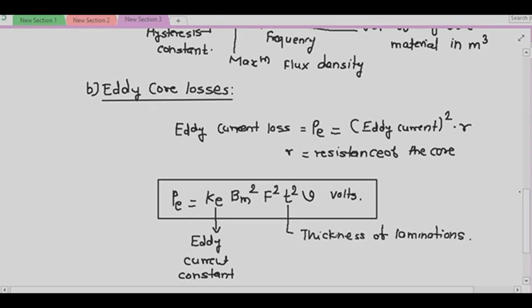The eddy current loss is also frequency dependent, as is the hysteresis loss. It is directly proportional to the square of the operating frequency.